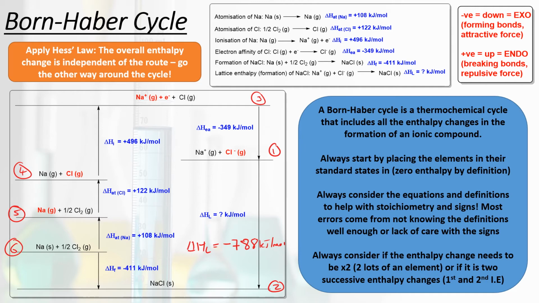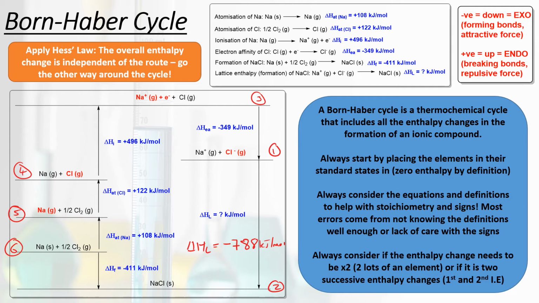And so simply like we had with Hess's law, where we said that delta H1 was equal to delta H2 plus delta H3, in this case we can just add together all of our enthalpy changes. Just simply add all the numbers for the direction you've gone, remembering to flip the sign if you've changed the direction. So this would be plus 349, minus 496, minus 122, minus 108, and then minus 411.